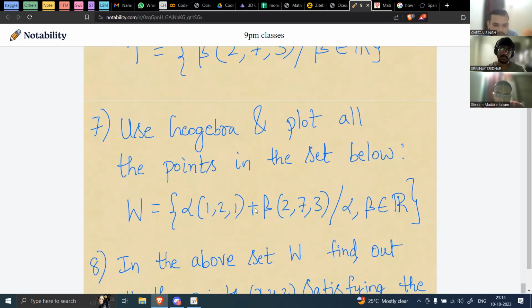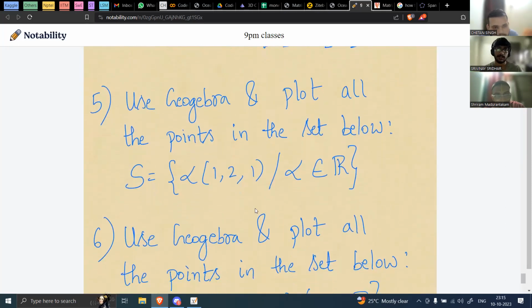Alpha and beta are just scalar quantities that we are scaling the vectors by. Perfect. So now I want to see what all points I can reach by adding the first vector and the second vector. But I won't just be adding them, I will be scaling them appropriately and then adding them. I can scale them from minus infinity to infinity, just like we did for question number 5 and 6.